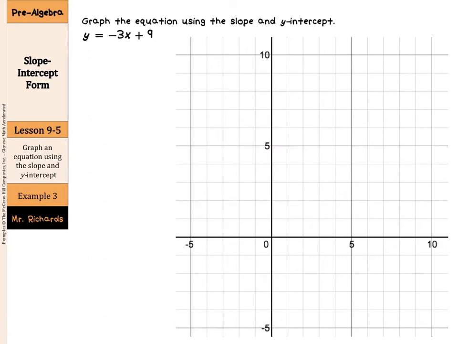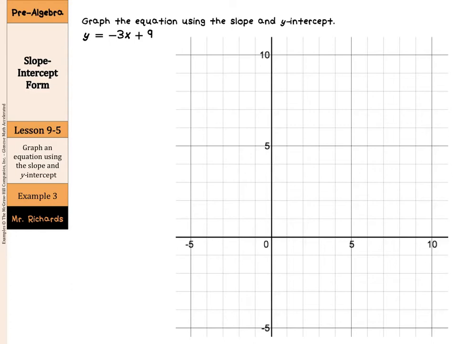Now, once you know how to find the slope in an equation and how to find the y-intercept in an equation, we can use that to help us graph. So we have y equals negative 3x plus 9. Well, the first step to being able to graph this is to identify the slope and y-intercept.